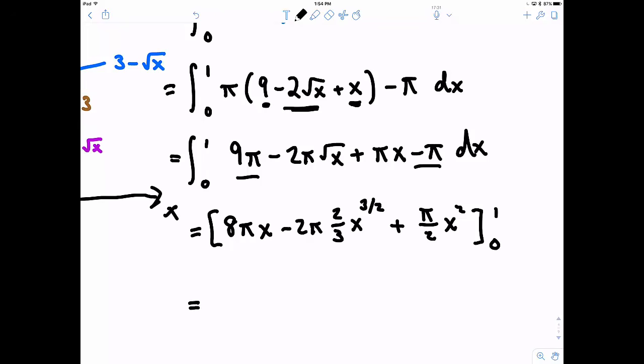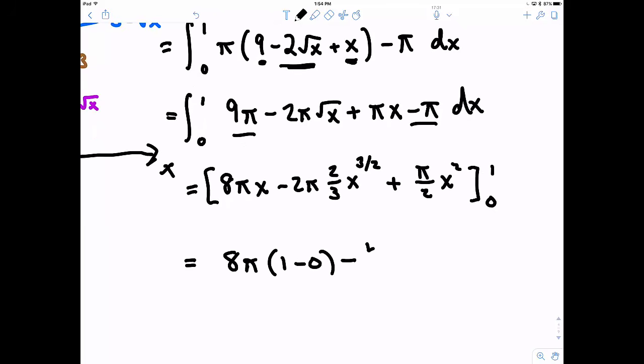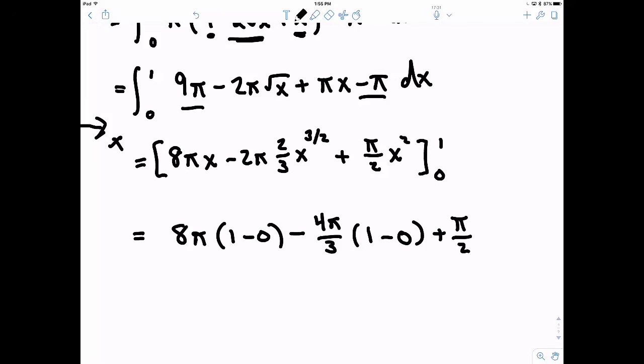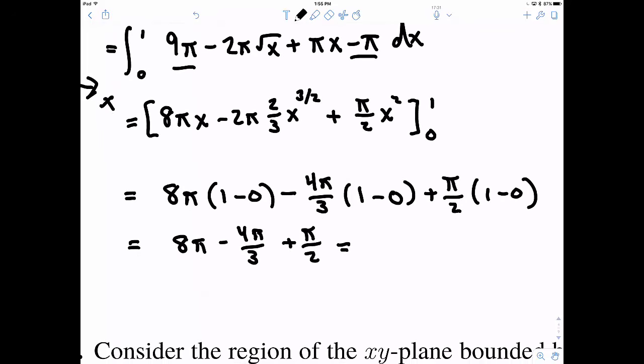And I'm going to plug in those 1s and 0s kind of term by term. So for instance, here I get 8 pi times 1 minus 0. And now I can express this as negative 4 pi over 3 times, now if I plug in 1 for x to the 3/2 and 0 to x to the 3/2, the claim is that I get 1 and 0. And same thing when I plug this in for x squared. So this becomes 8 pi minus 4 pi over 3 plus pi over 2, which if you have a lot of time, you can simplify this down.